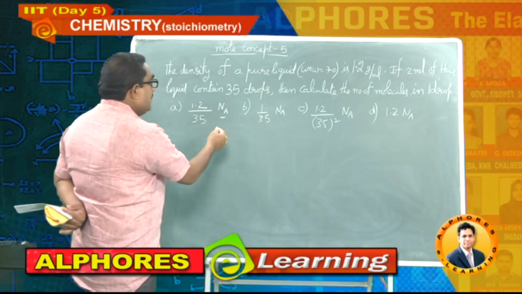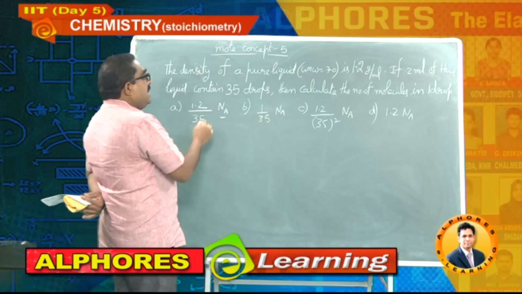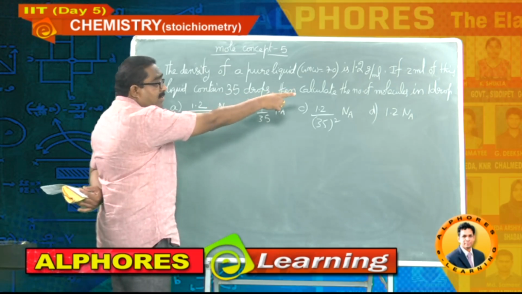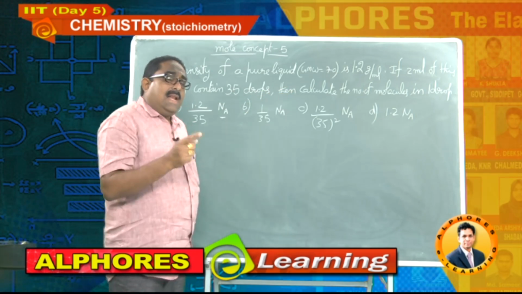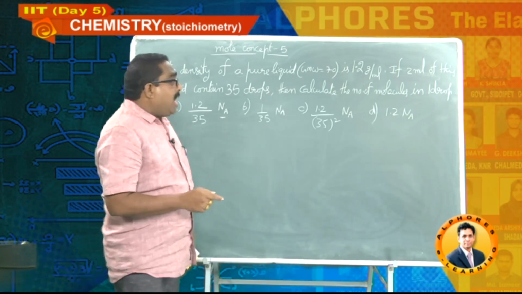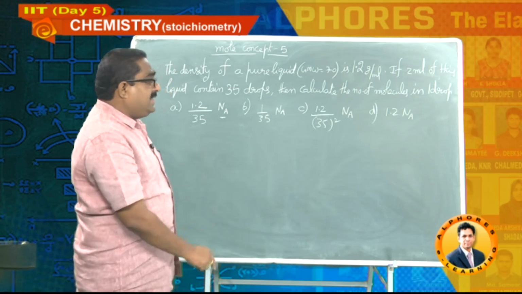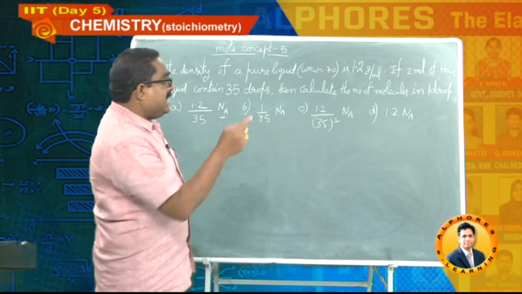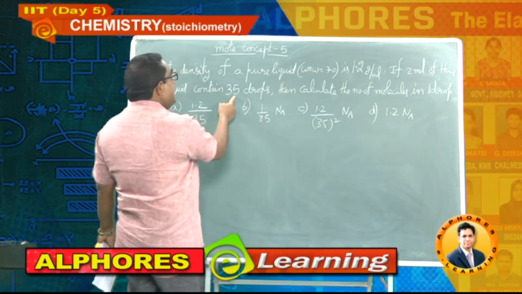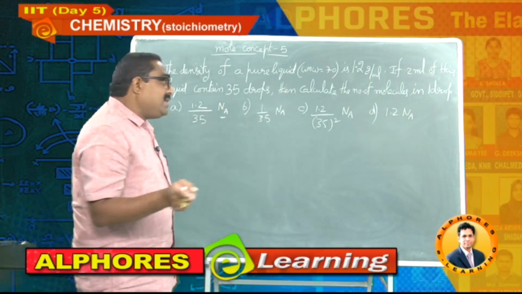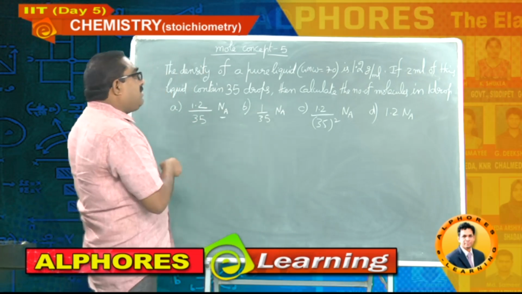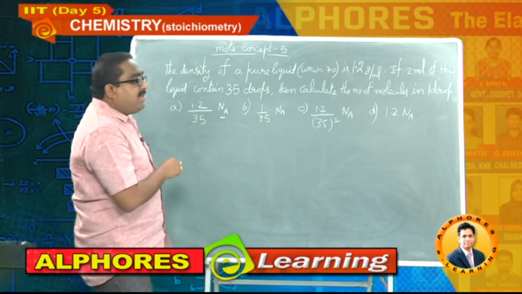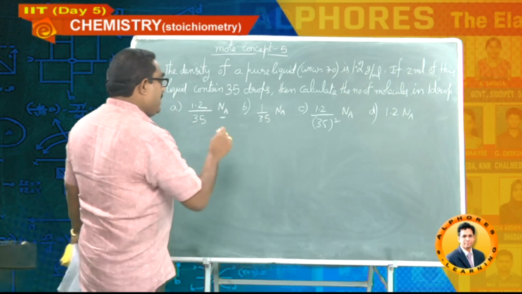I am writing the data. And finally you have to calculate the molecules in 1 drop. First of all, let us calculate how many ml of liquid is there in 1 drop.